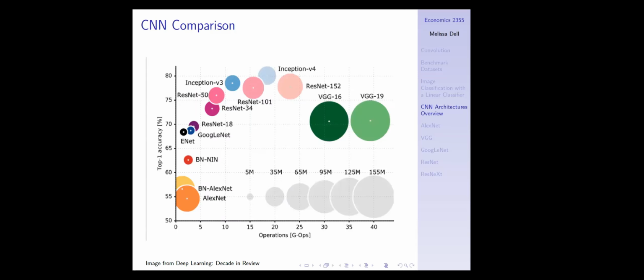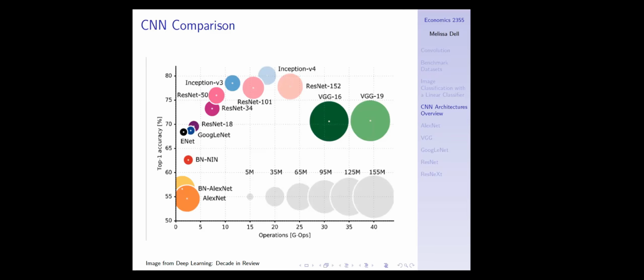And then, we haven't talked about these architectures yet. We'll come back to this figure at the end of the lecture, so I know the labels don't quite make sense. But just to say, this is showing the number of operations required, the top one accuracy, and that round circle is the memory. Essentially what happens is AlexNet is the first one in 2012, the orange one there.